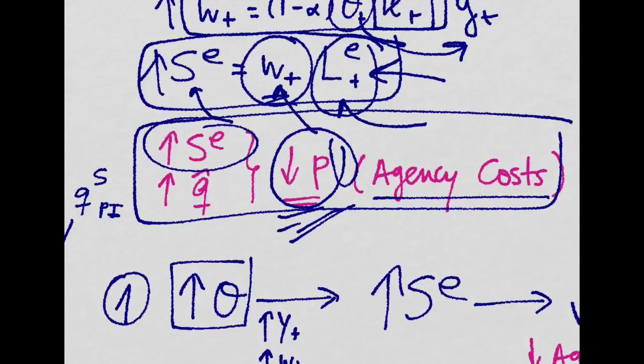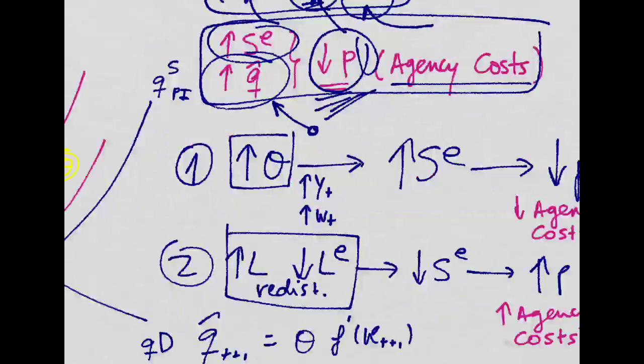This P went down. Now, whenever the expected future price of capital increased, that means that they had more expected profits in the future if they invested, and that means that they would be more likely to repay because they would have more profits. This intuition comes in handy when we have, as before, a positive productivity shock.